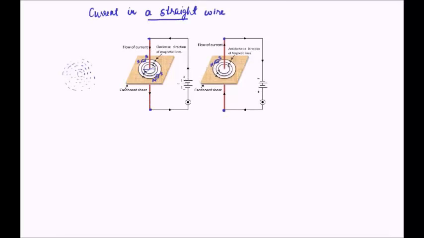Now suppose you increase the amount of current flowing through the wire. What will happen is that the magnetic strength will increase, and also the distance till which the magnetic field is felt will increase.